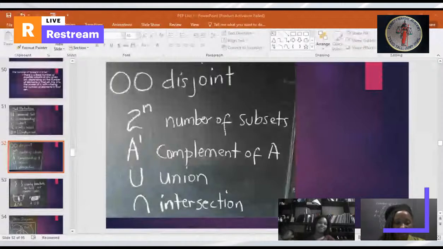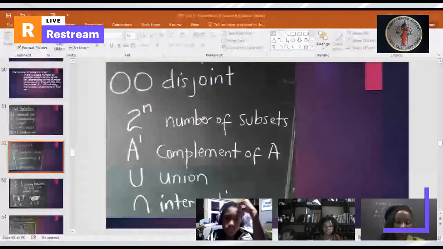All right, so we have 2 to the power of n, which is the formula for working out the number of possible subsets of any given set, which we just demonstrated on the board. 2 to the power of n, with n being the number of elements in the set.